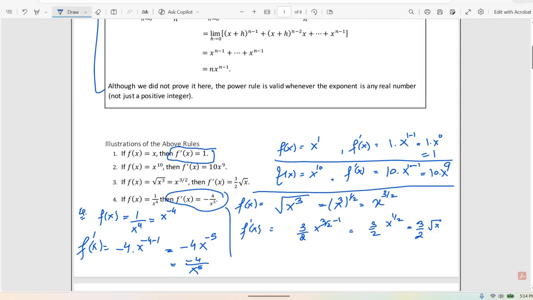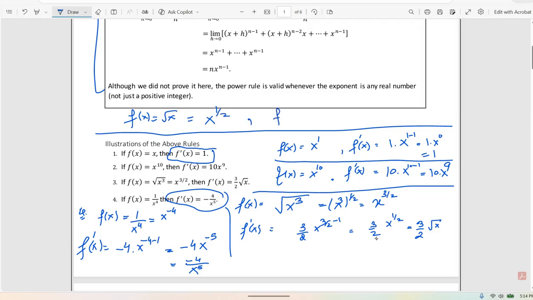Okay, so this is a little practice. Let's do one more. Let's say we have f of x as root x. What does root x mean? x to the power half. So if you need to find f prime of x, the power comes down, power 1 less. The power is 1 by 2.